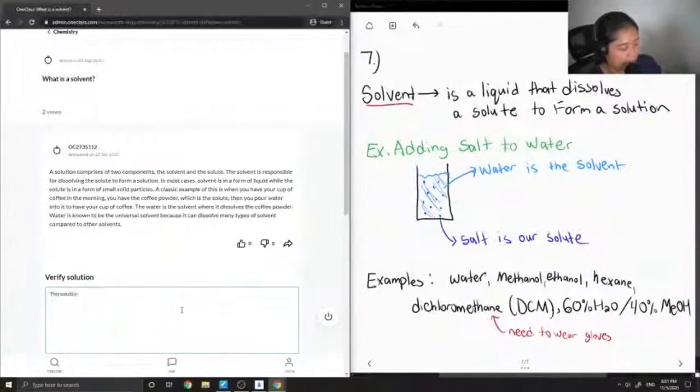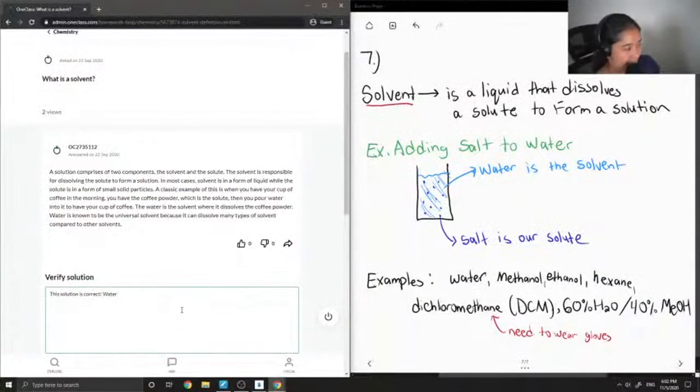I'd be careful saying that water is the universal solvent because it can't dissolve some non-polar materials. I'll just add a footnote.